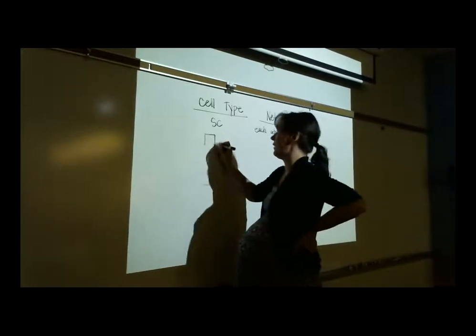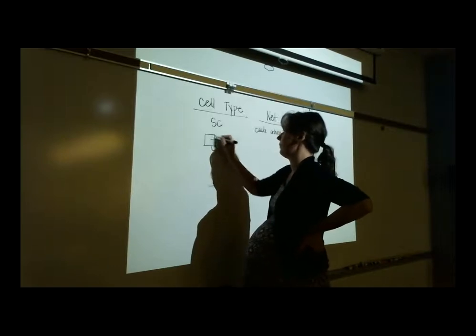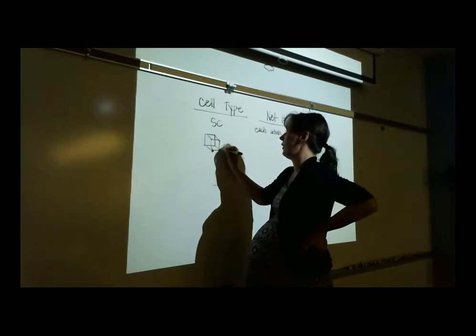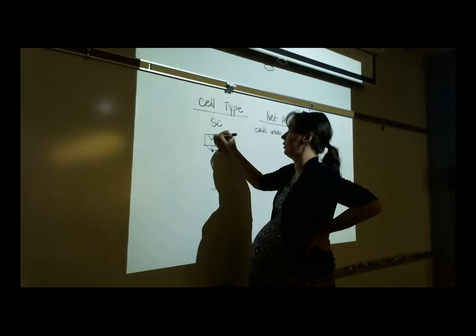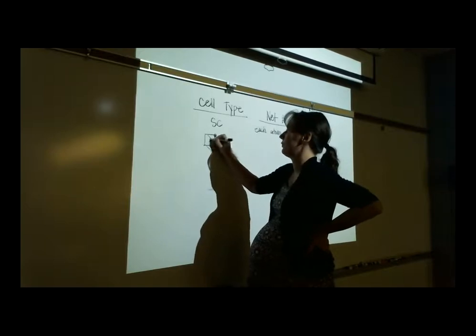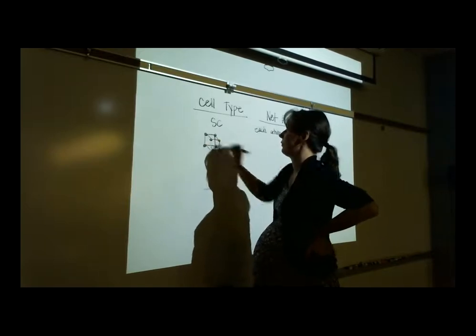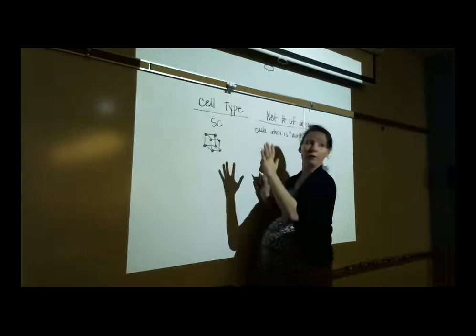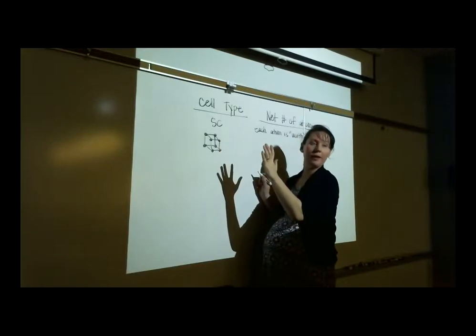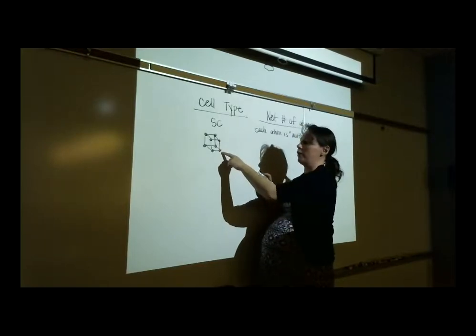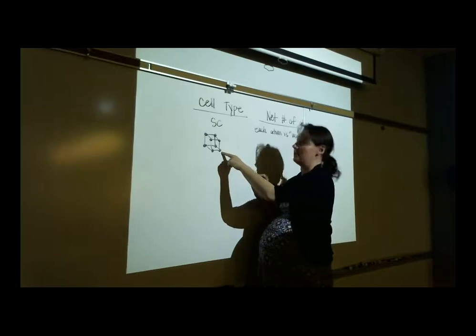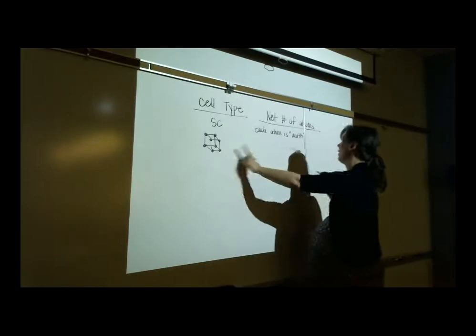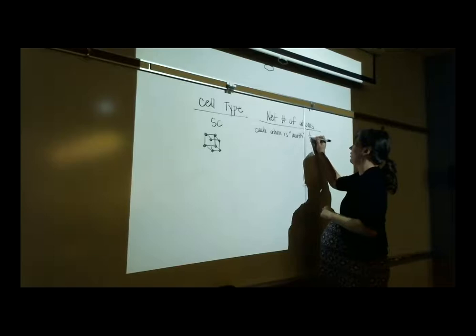If it looks like this, and there are only atoms on the corners, right? If you're in this corner, you're part of this one, this one, this one, this one. That's 4. Plus the 4 in front of it, that's 8. So you are part of how many unit cells? 8. So each atom is worth 1/8, right?